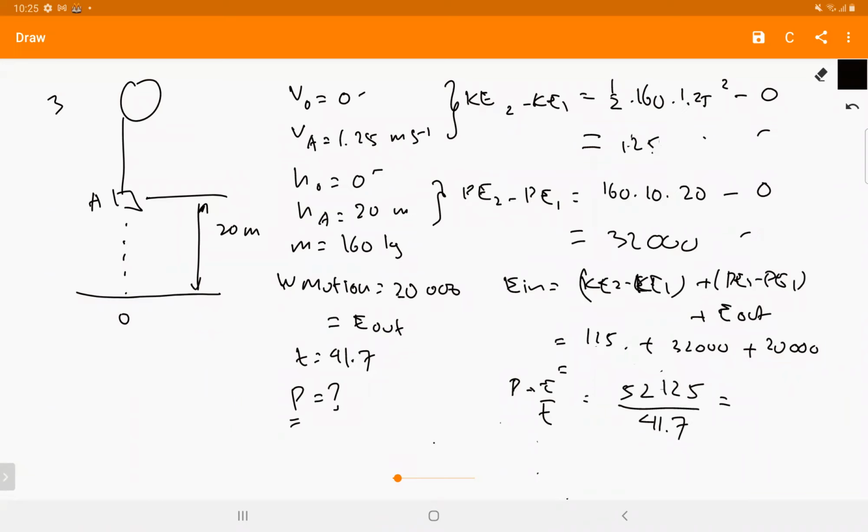Farrell already went, so Felicia, what's this? 1,250. Okay, that's it. The unit will be in watts. Hence, the power is 1,250 watts.